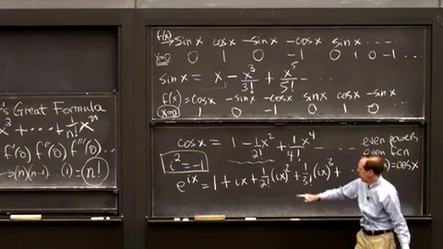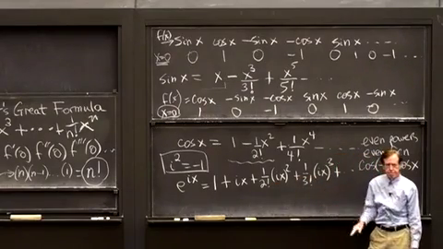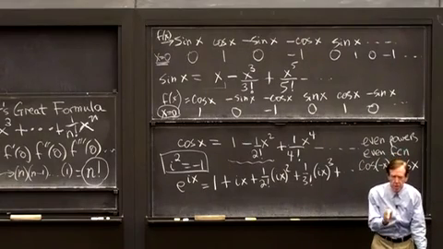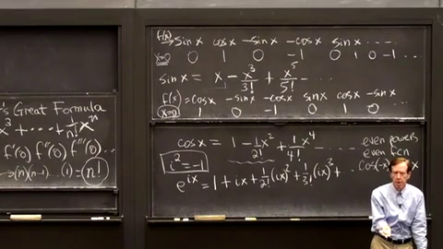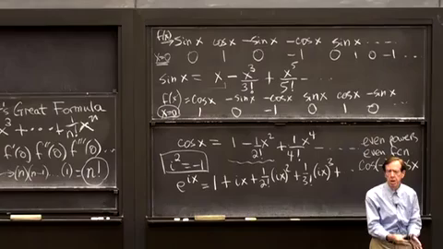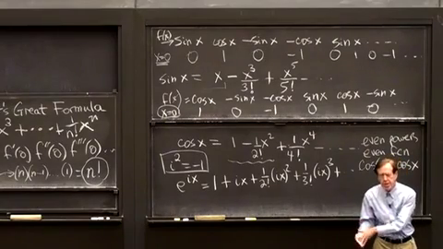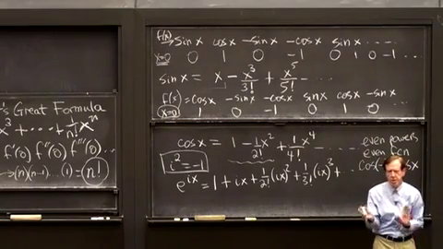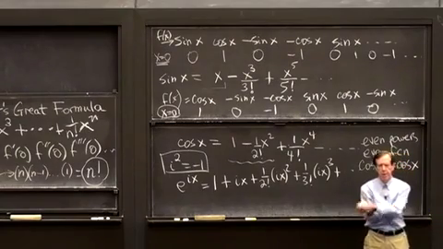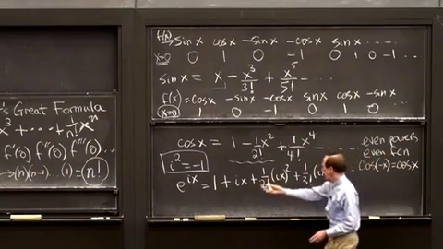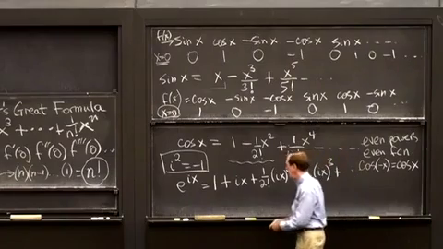Now, here's the point. Now I'm going to look at this mess, and I'm going to separate out the part that is real from the part that's imaginary. I'm going to separate it into its real part and its imaginary part. So what is real in this thing?